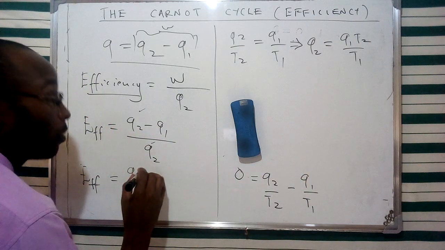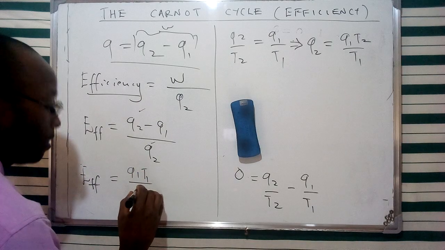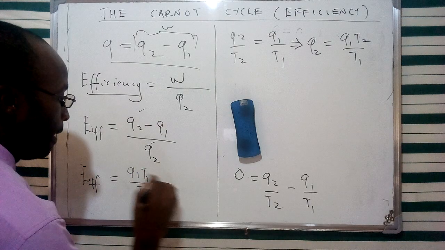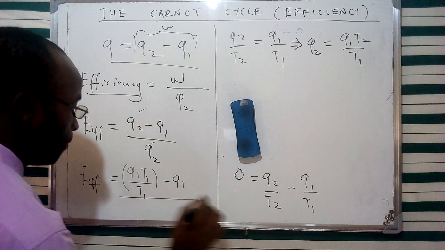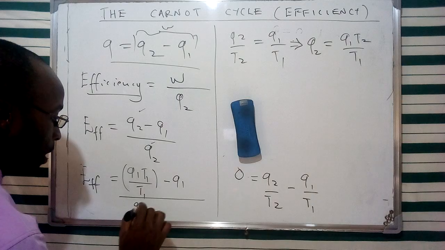So we're going to have Q1 T2 over T1 minus Q1, and then we're going to have this all over Q1 T2 over T1.